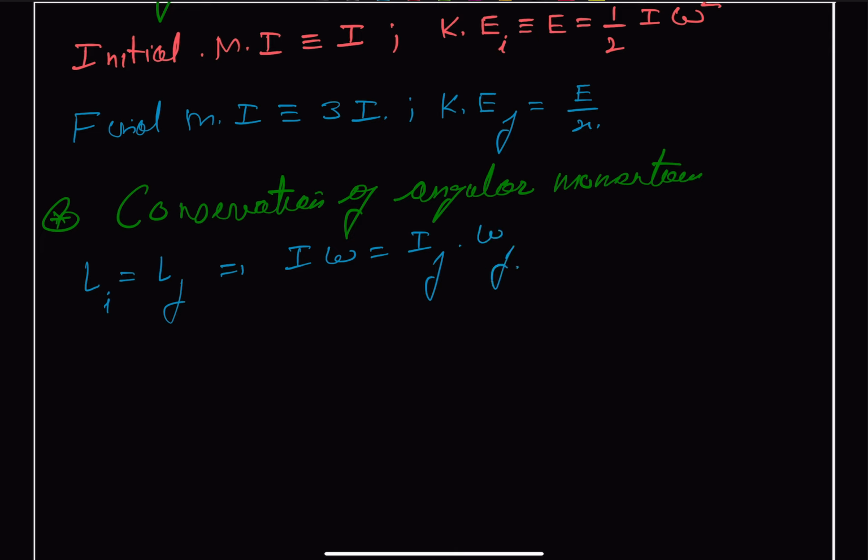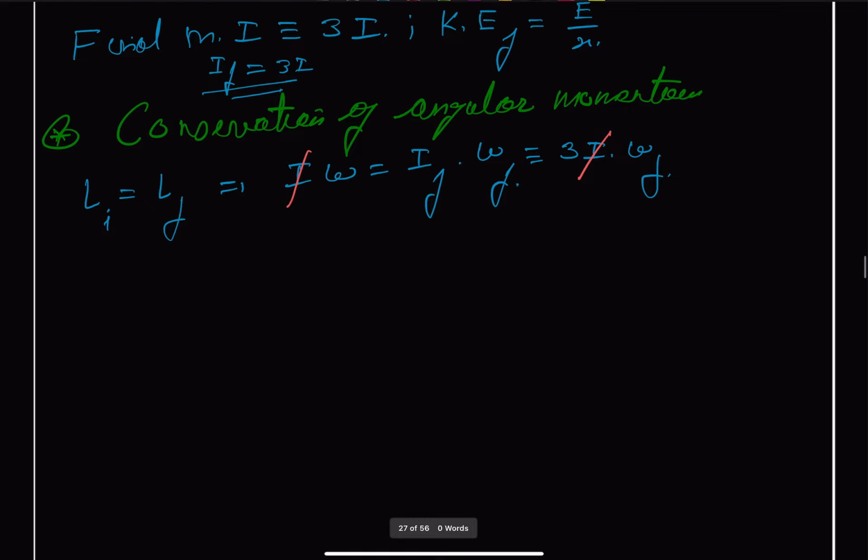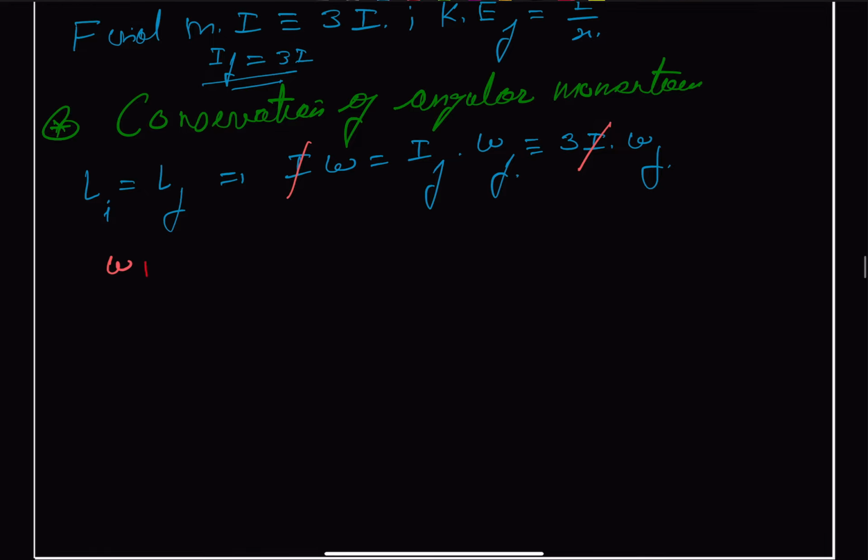And this final moment of inertia IF is equal to 3 times I. Therefore we can write this as 3 times I omega final, and here I and I cancel out, so we get that omega final will be equal to omega by 3.